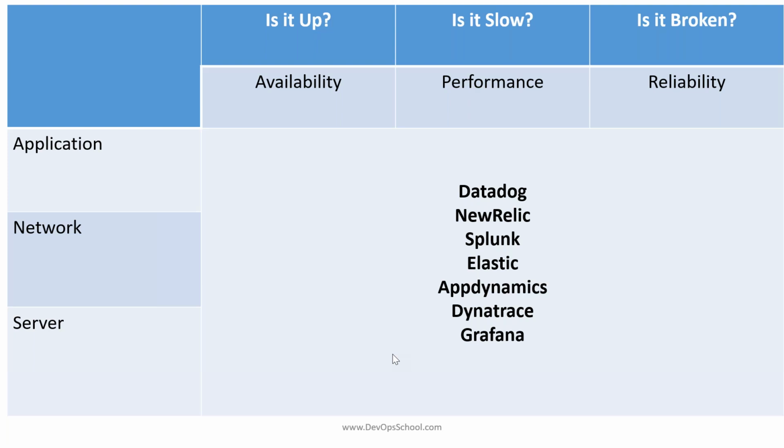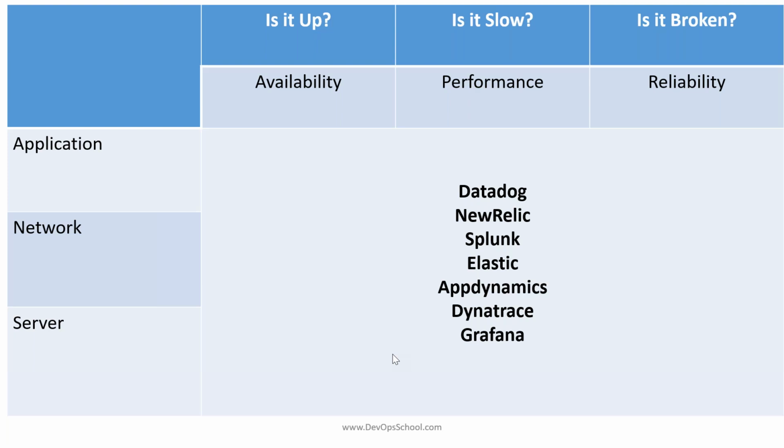So these are the systems which will help us set up observability, and you can pick any tool from this, and it will help you. Grafana earlier was known as a dashboarding solution, but now it's in everything. Dynatrace earlier was into infrastructure monitoring.